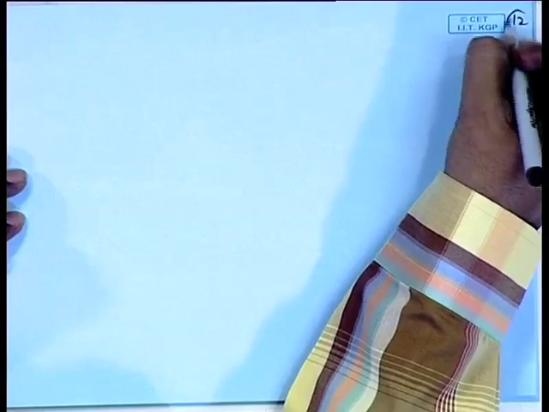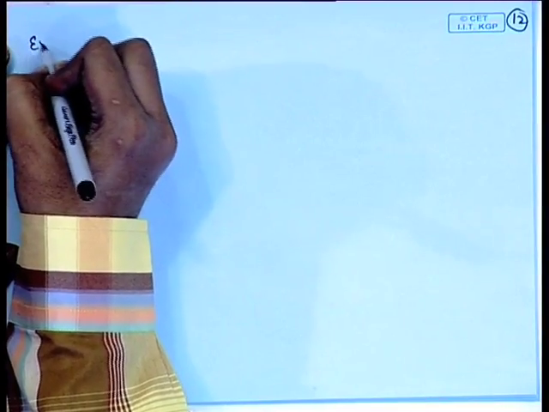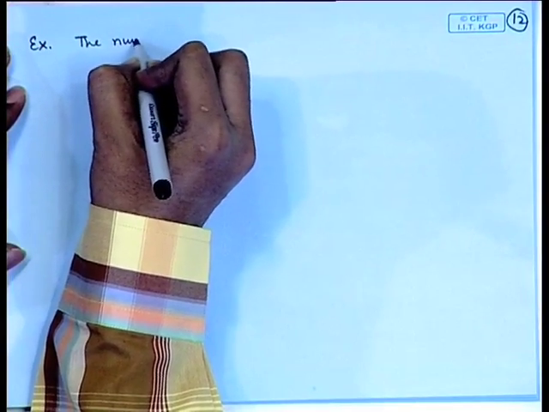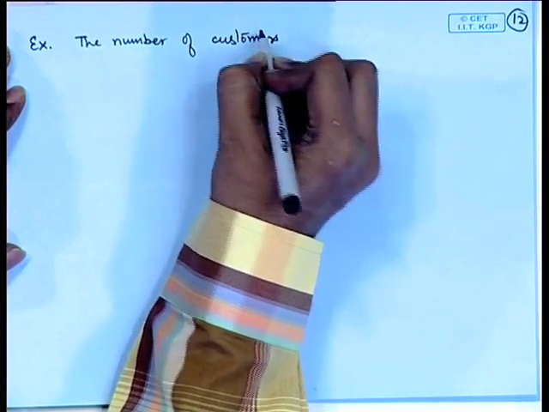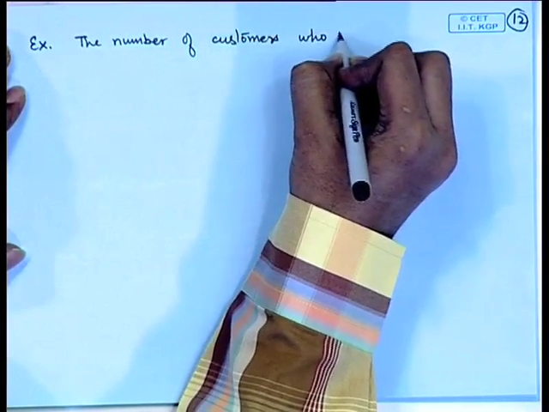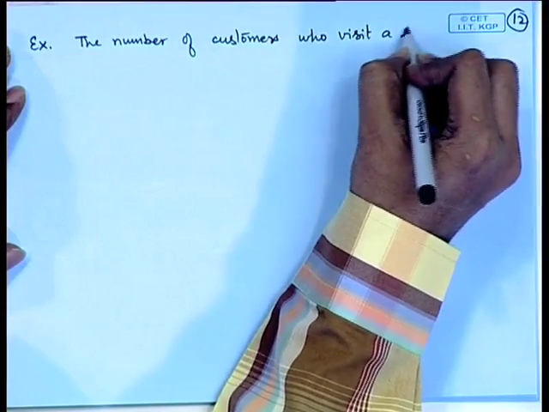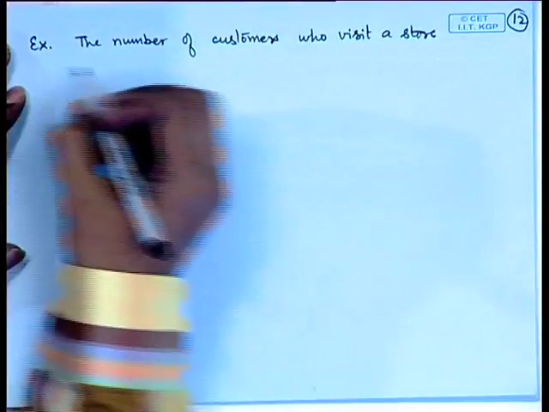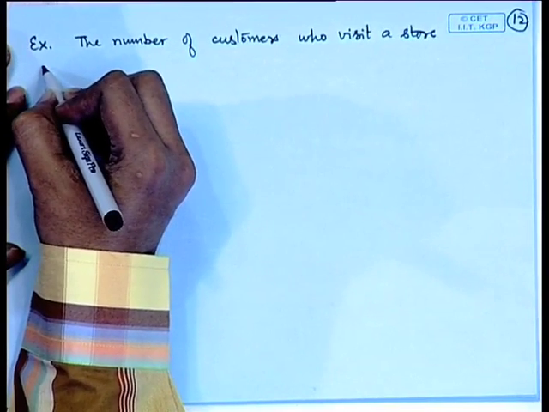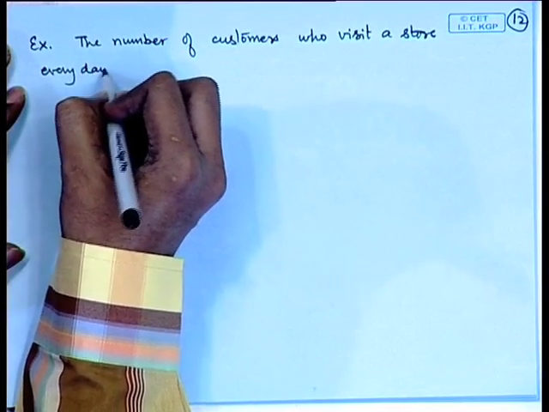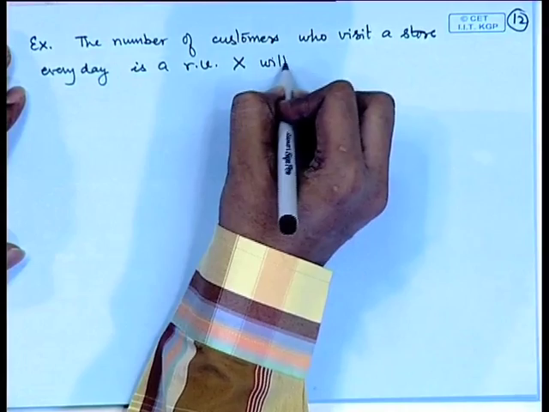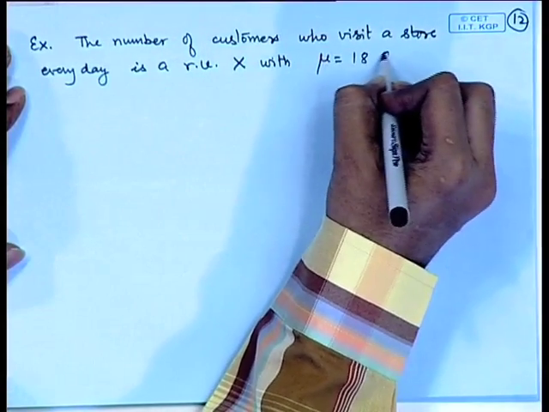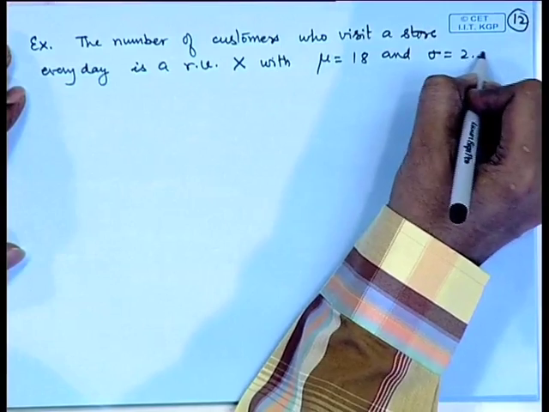Let us take some examples to explain this. The number of customers who visit a store every day is a random variable x with mean, say, 18 and standard deviation equal to 2.5.